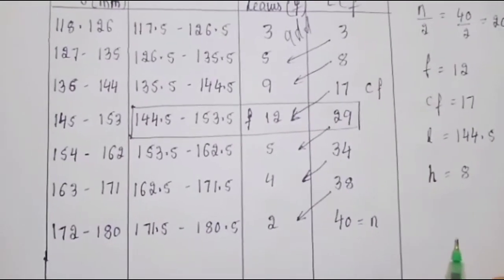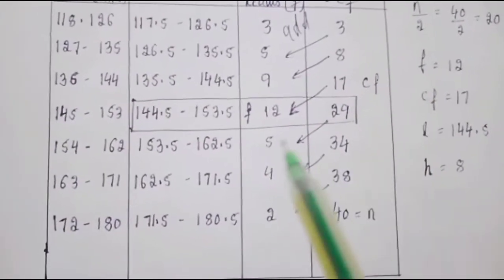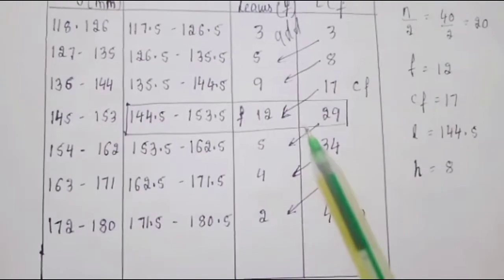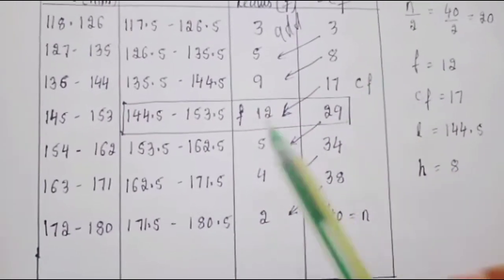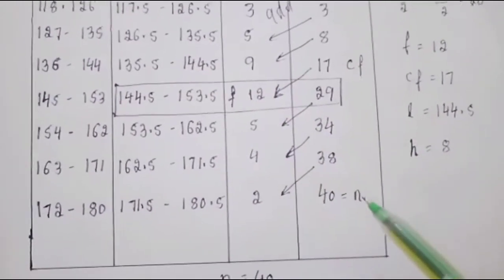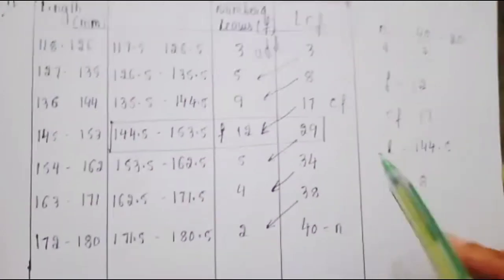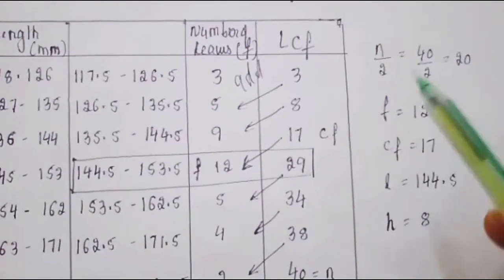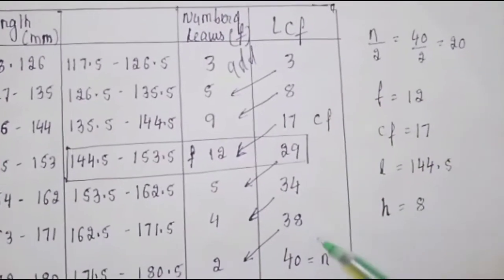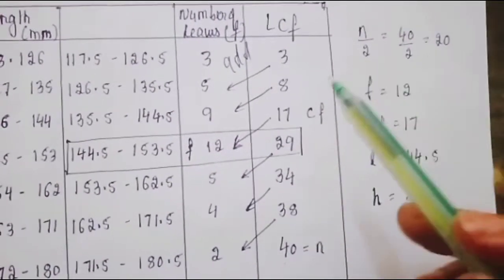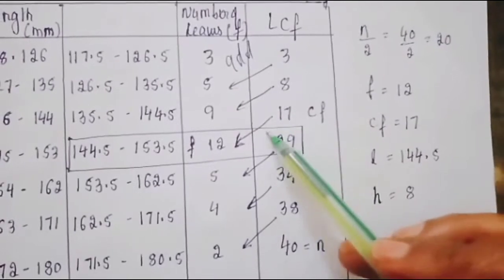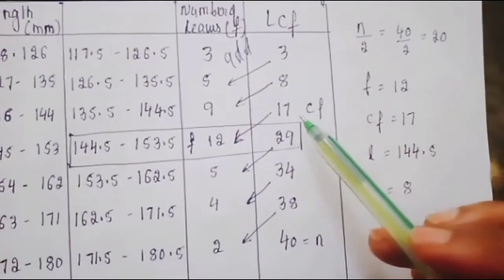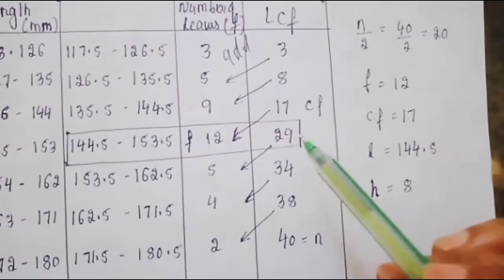Now we need to find the median class. To find the median class, the total number of observations is 40, and n by 2 is 40 by 2, which is 20. Now we have to look in the LCF column where 20 falls. Up to 17, it is in the third class interval. From 18 to 29, it is in the fourth.